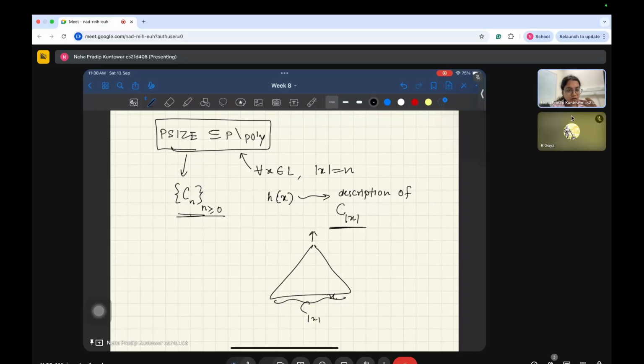And because the circuit is polynomial sized, the entire computation can also be done in polynomial time. Therefore, we are doing this in polynomial time, given the advice.